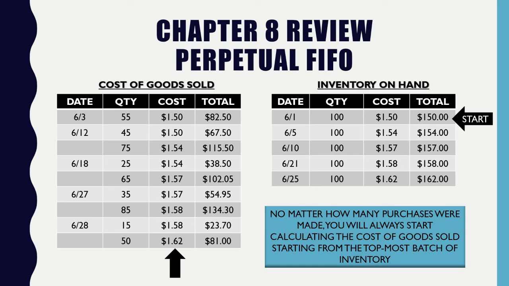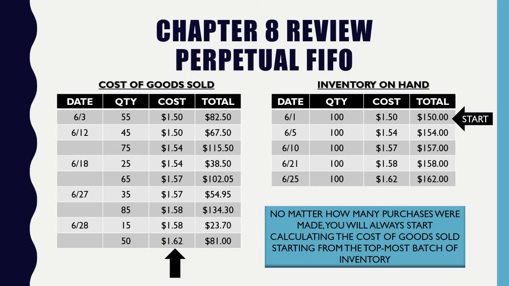And we're going to continue to keep going all the way from the top and make our way down to the bottom. Okay? So no matter what we're at, we're always going to start taking from the first purchases and slowly make our way down to the bottom. Okay? So we're doing FIFO, not the weighted average. I'm just reviewing everything that we learned in chapter 8. Okay? So that's FIFO right there.